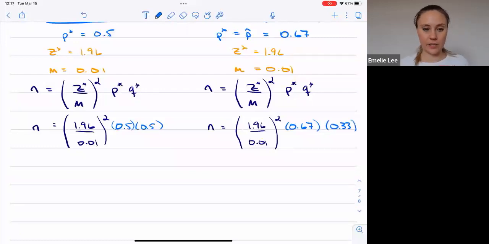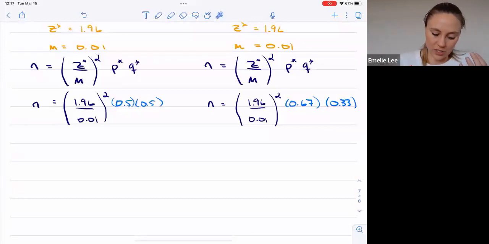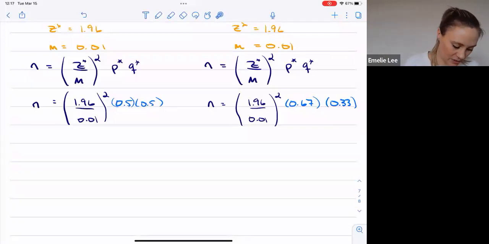Needed my calculator anyways. So now my n calculation, and I find that it's just easier if you just go through and do it. Deal with the fractions first, then square it, then multiply by these p star q stars. So 1.96 divided by 0.01, and then square that times 0.5 times 0.5.